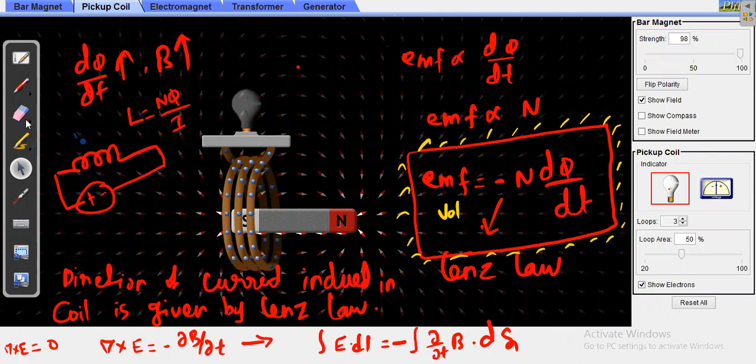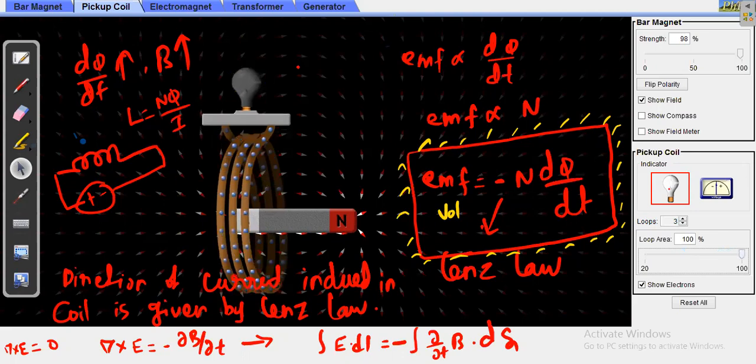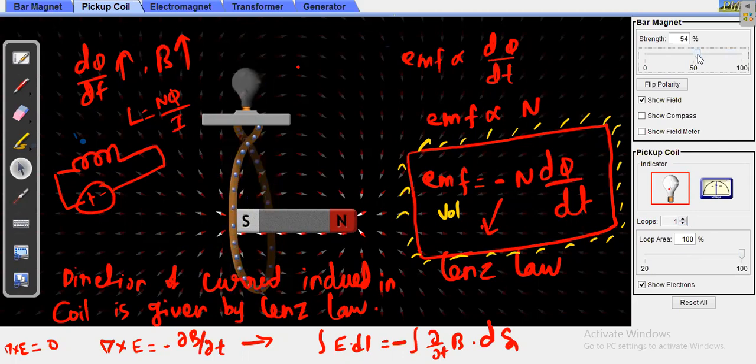Next I will go to, and one more thing we forgot to do here. There is one loop area. When I keep everything constant, if I change the loop area, then what is the effect that I have to see? When I have a bigger loop with one turn, there is some average electric field around it.